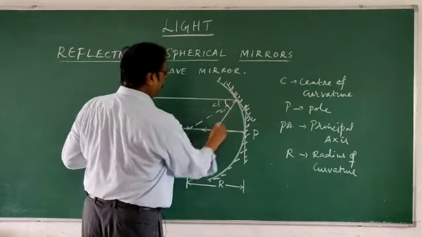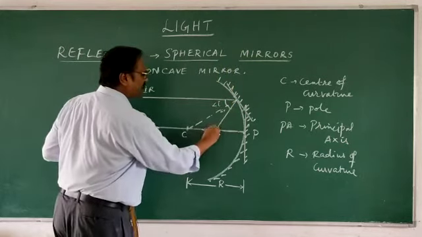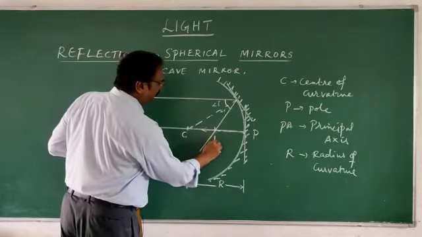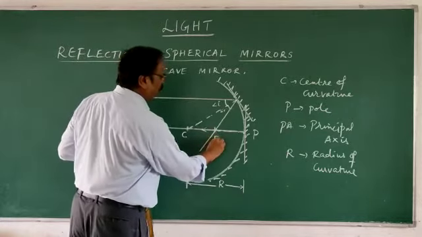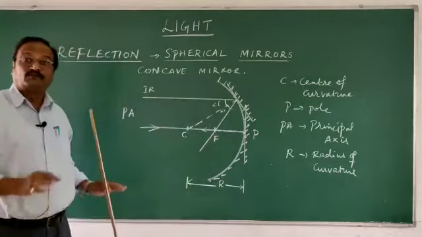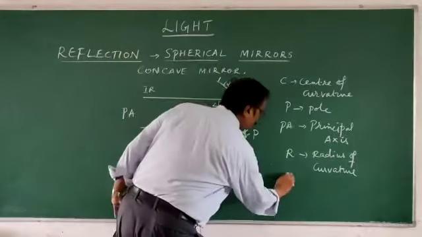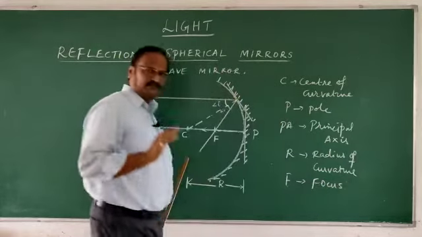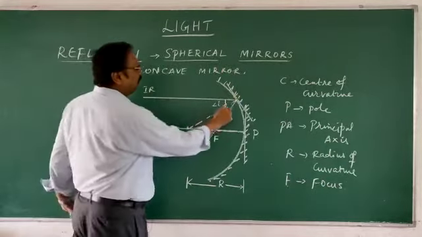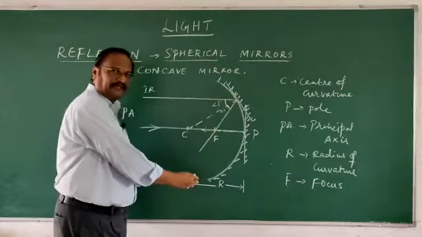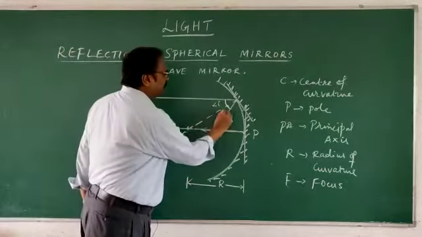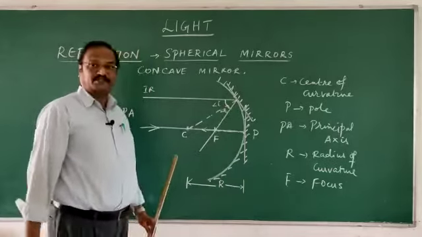This is the angle of reflection. You see, it is meeting at a point on the principal axis, and that point is called the focus. F stands for focus. Remember very carefully that even a spherical mirror obeys the laws of reflection. The angle of incidence is equal to the angle of reflection.